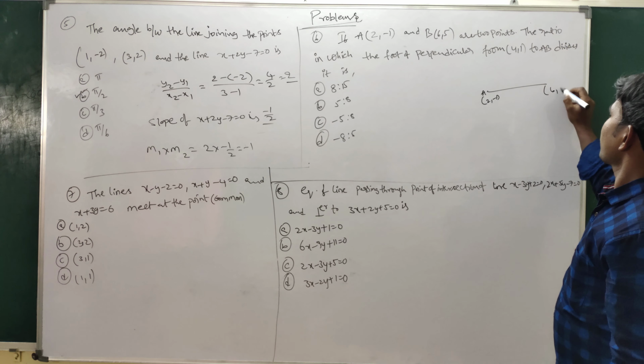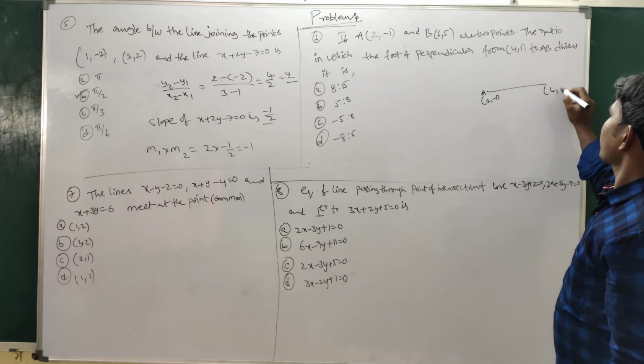The equation of CD is y minus 1 equal to perpendicular slope, that equal to minus 2 by 3, into (x minus x1), x minus 4, that equal to 3y minus 3 equal to minus 2x plus 8. 2x plus 3y minus 11 equal to 0.